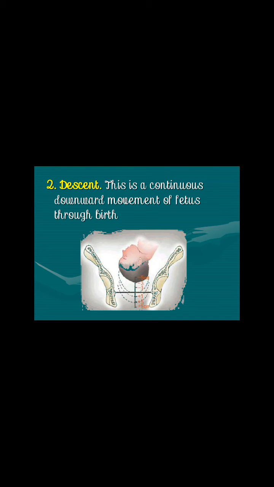Hizo ni assessment kulingana na literature, lakini nilikueleza anaanza na -2, -1, 0, plus 1. Hizo zote ni way of assessing, lakini cha kujua ni kwamba mtoto anaanzia juu, anashuka kuja chini. Hiyo ndio descent.